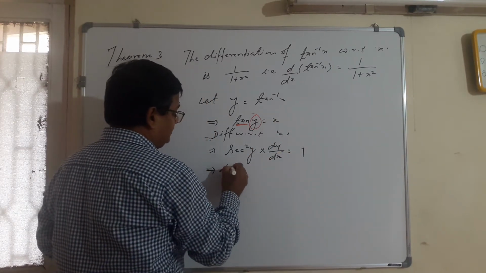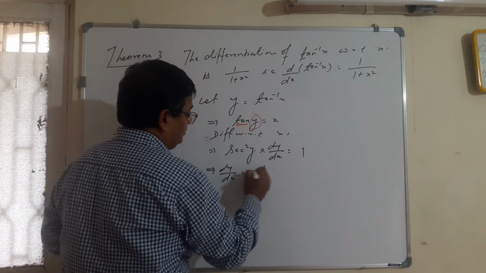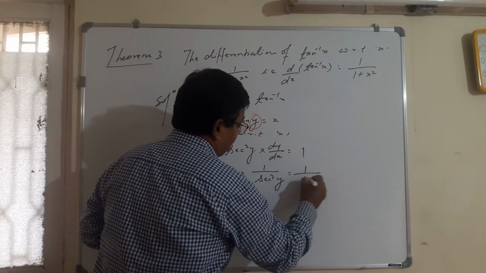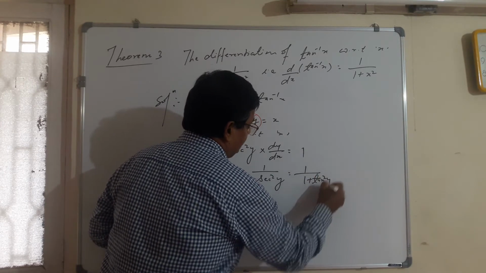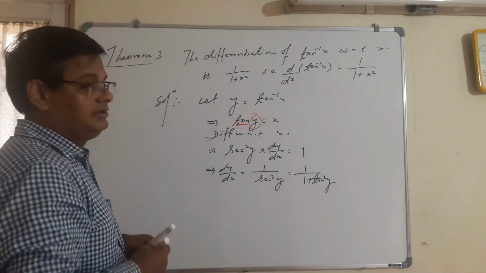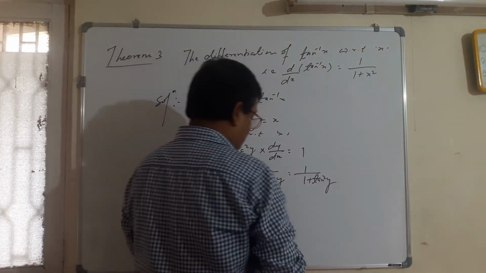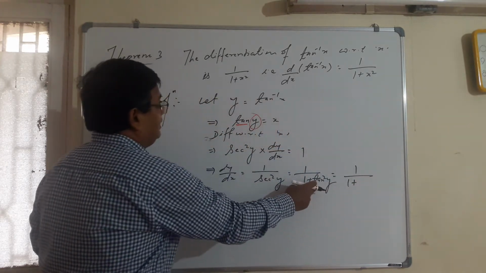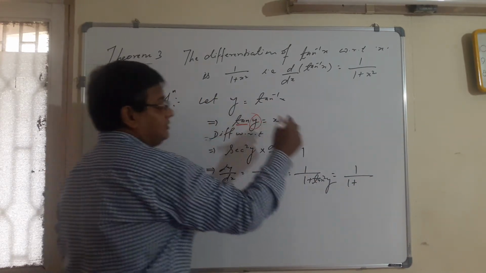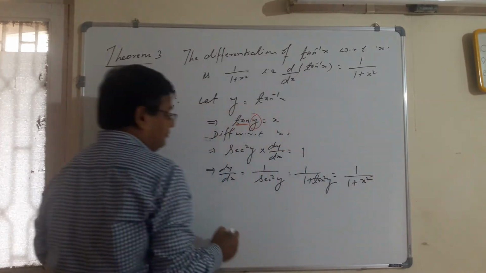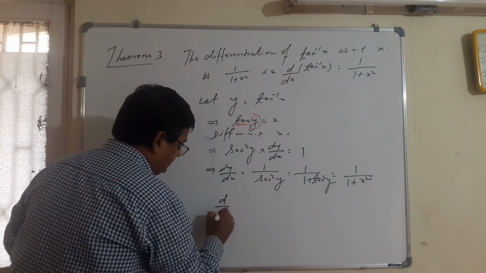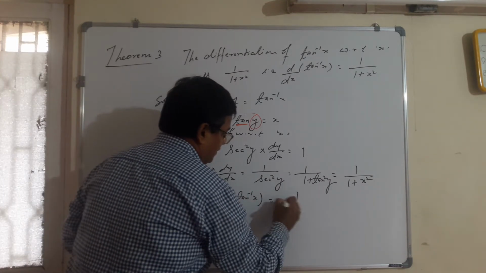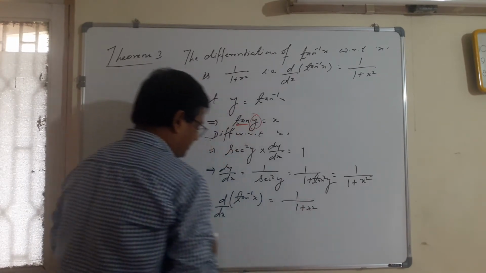So we can write like this, dy by dx is equal to 1 over sec square y. So 1 over 1 plus tan square y, we know that 1 plus tan square y is sec square y. What is tan y? Tan y is x. So 1 over 1 plus x square. So differentiation of tan inverse x is equal to 1 over 1 plus x square.